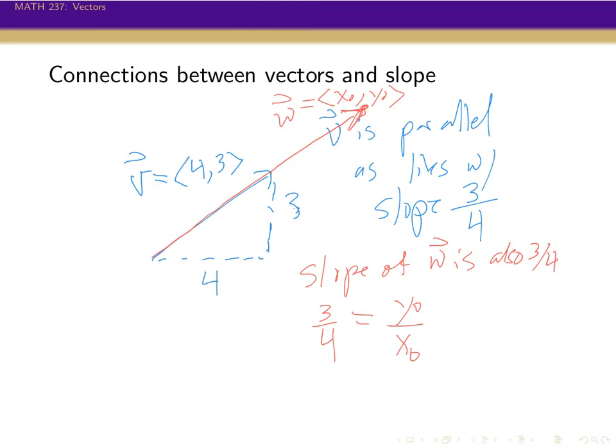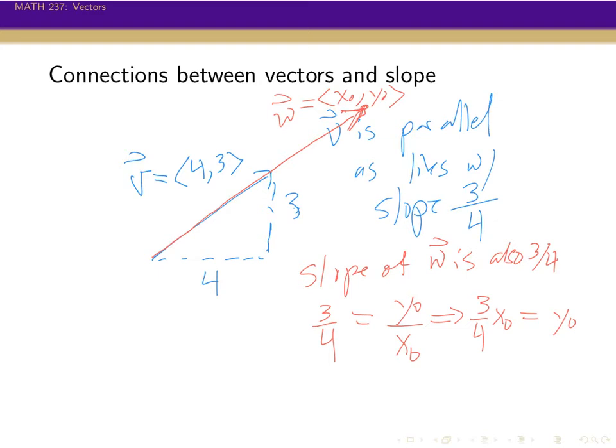If we solve for either x naught or y naught, we get that y naught is going to be 3/4 of x naught.